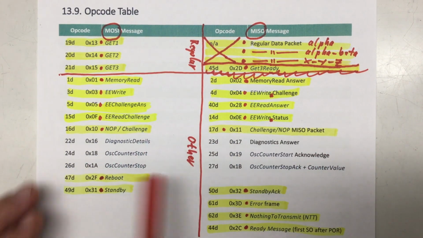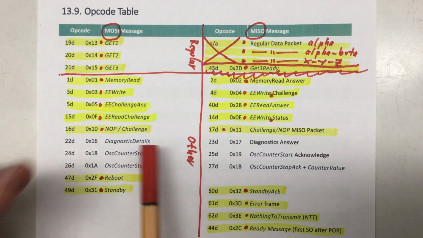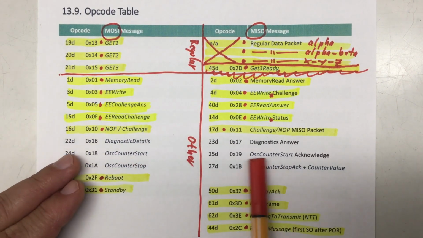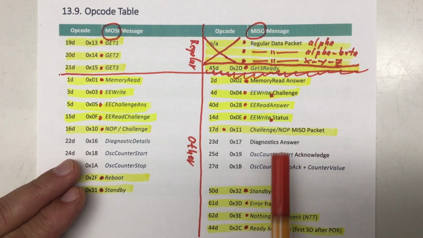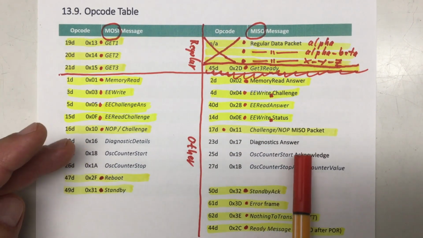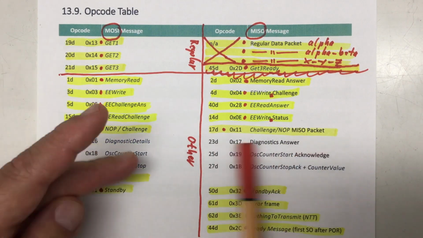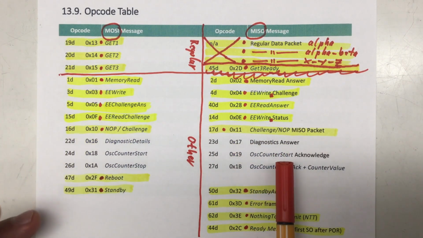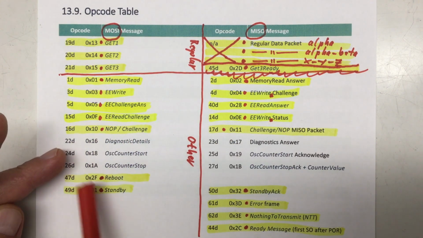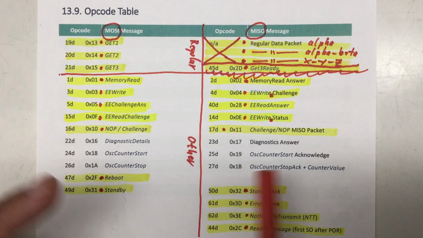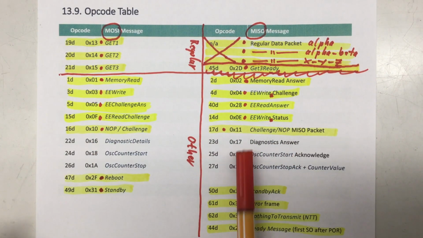So we have here a MOSI message, diagnostic details, that requests a diagnostic answer, MISO message from the slave. And yeah, I have given up about the names. They're again completely different all over the datasheet. Anyway, the opcode for the MOSI message is hexadecimal 16 and for the MISO message hexadecimal 17.